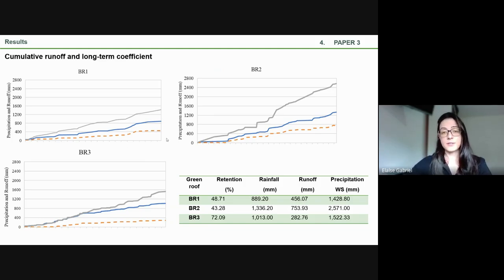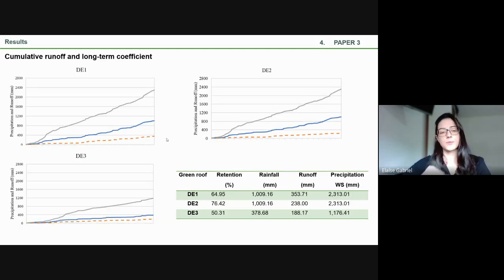Also, we had different monitoring periods for each green roof, and this can influence the results as well. Regarding the green roofs in Germany, DE1 presented a retention of almost 75%, DE2 higher than 75%, and DE3 had the lowest retention rate, equal to 50%.